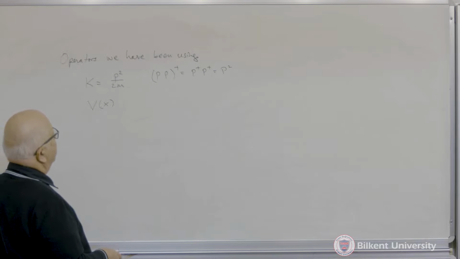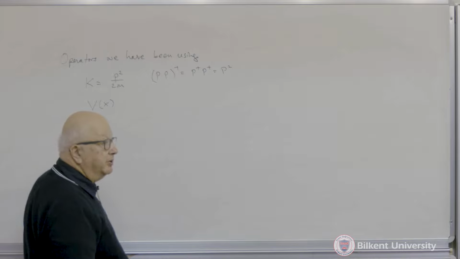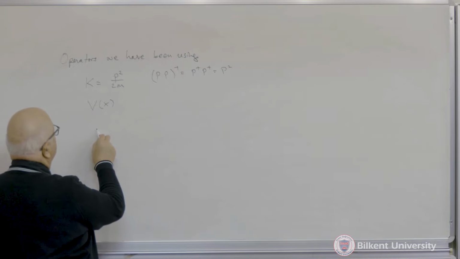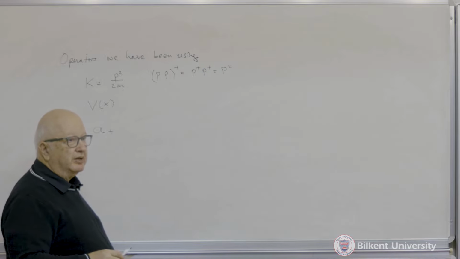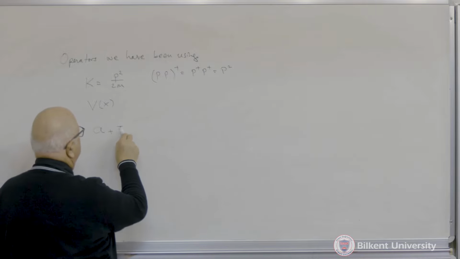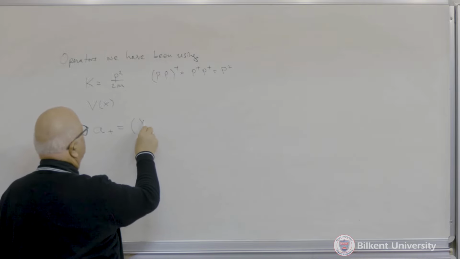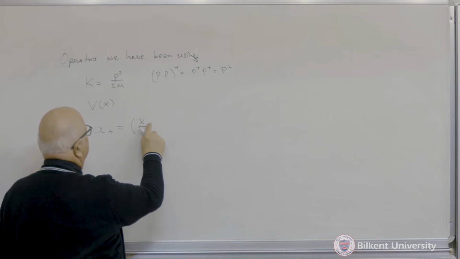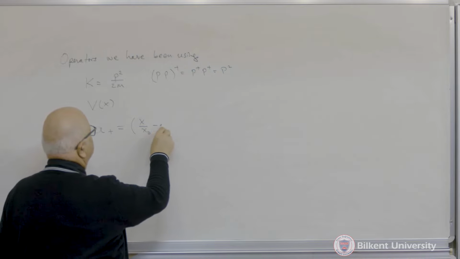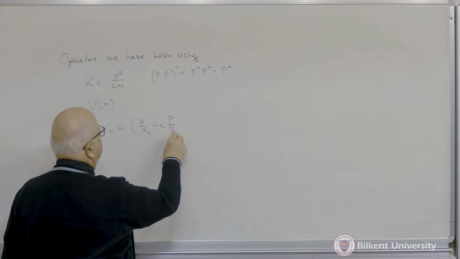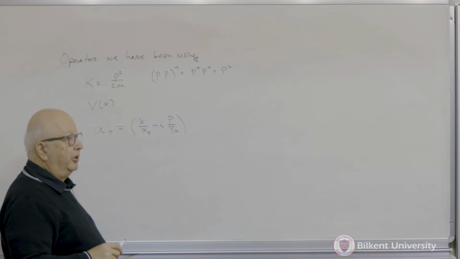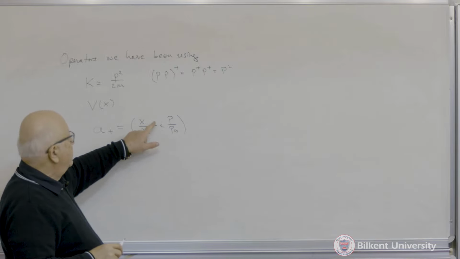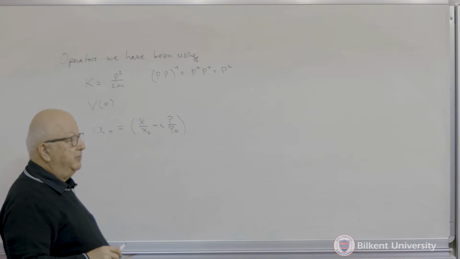At this point you might think almost everything is Hermitian, but we did use operators, for example, for the harmonic oscillator, A plus. What did that look like? It looked like x over x0 minus i p over p0. Is this Hermitian? No, because of this i. Because x is Hermitian, p is Hermitian, but i is not.